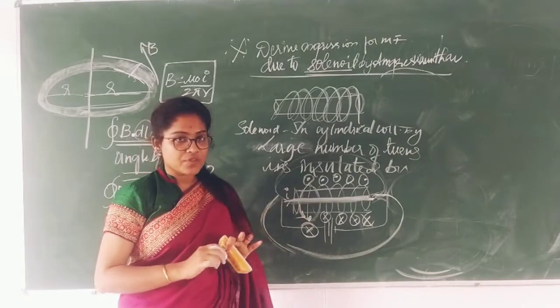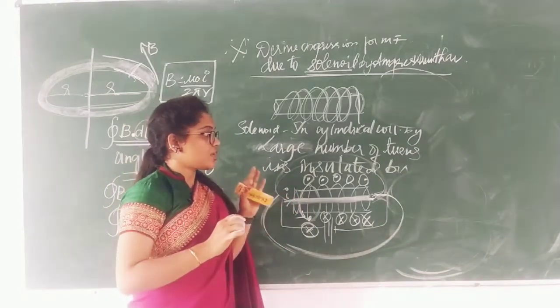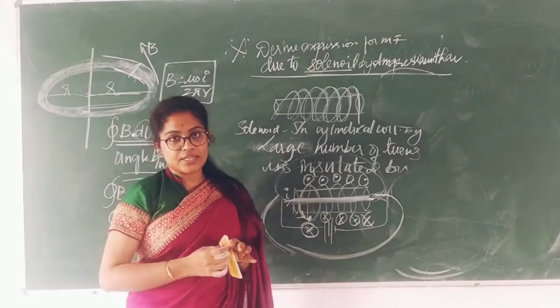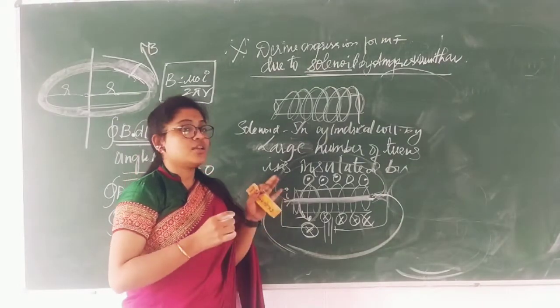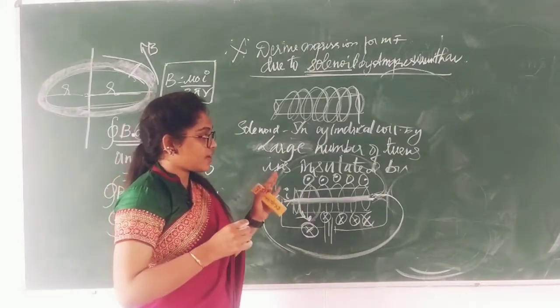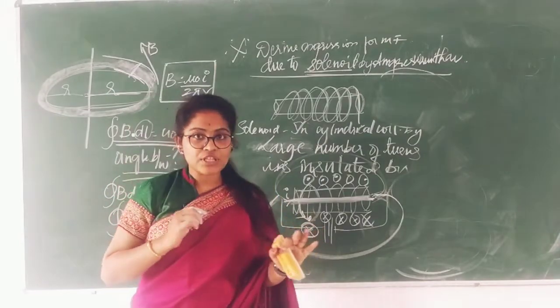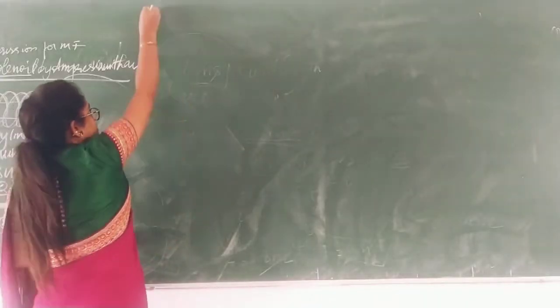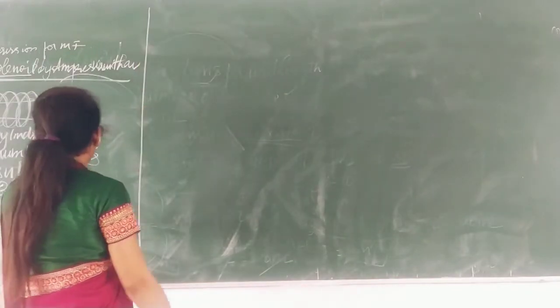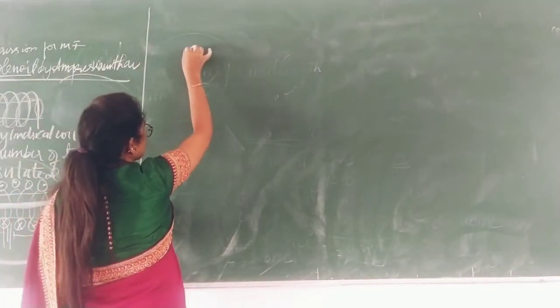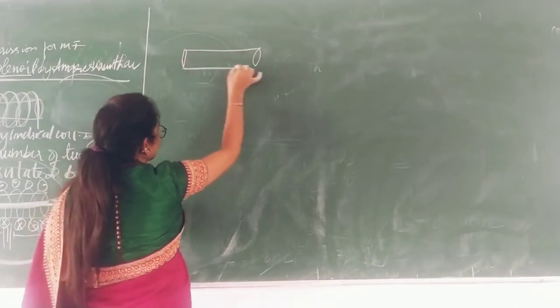Okay, now how to derive the expression? First, let me consider a loop for it. Let me write a clear view of the solenoid. Let me consider the cylindrical coil.